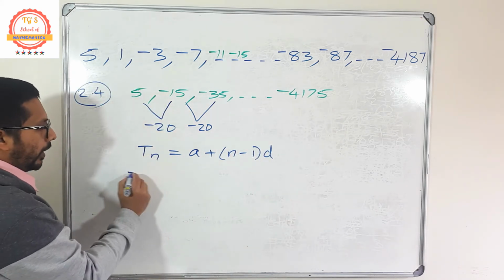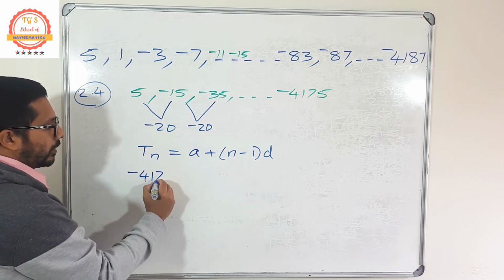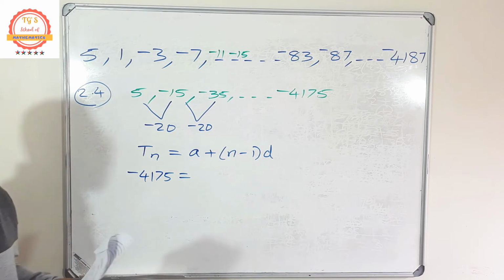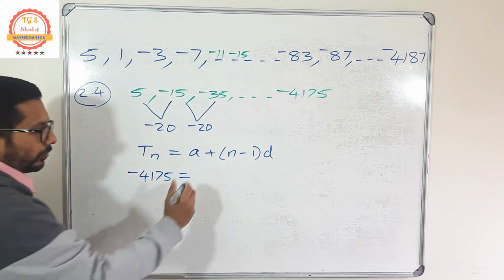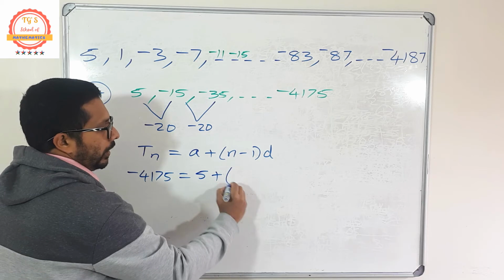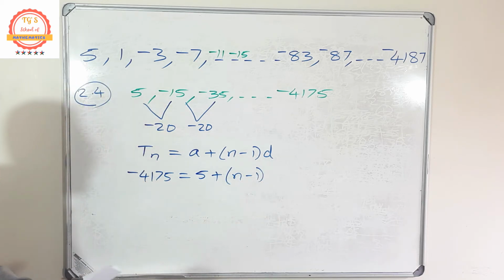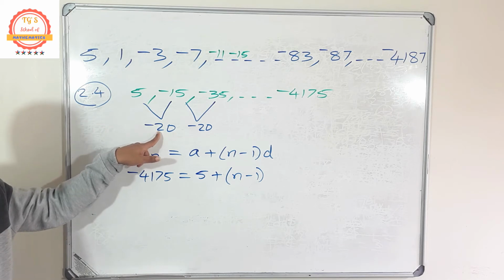Minus 4175. So minus 4175 is equal to a plus, what is a here? It is 5. Okay. So 5 plus n minus 1 into d. In our sequence, what is d? Minus 20. Okay.